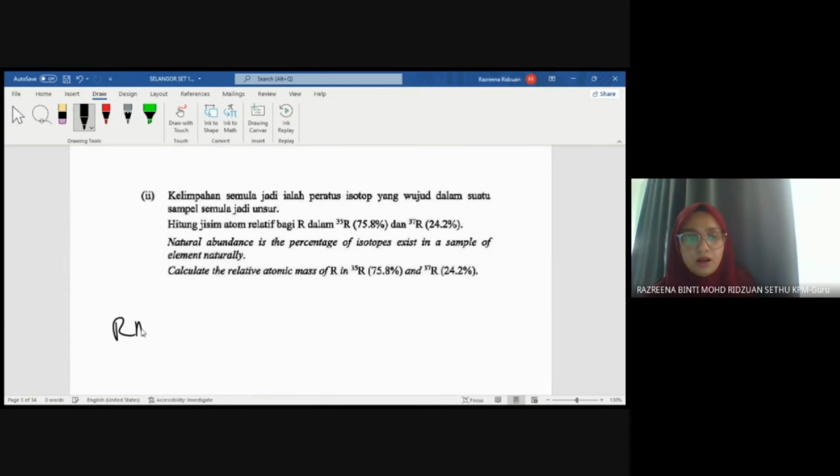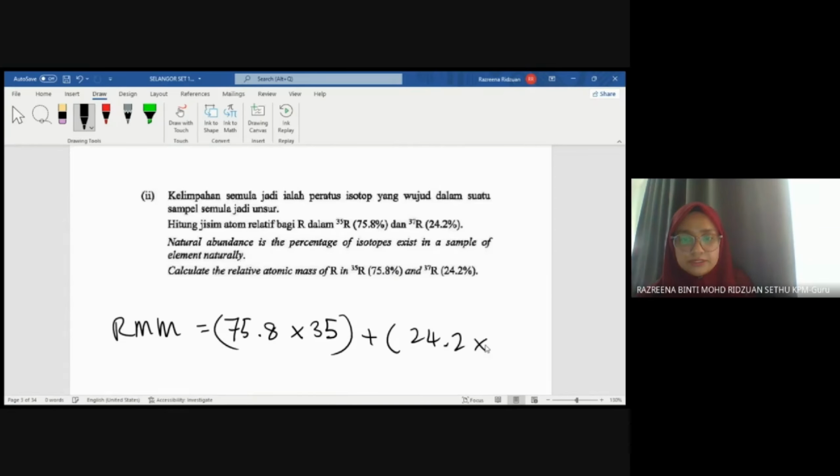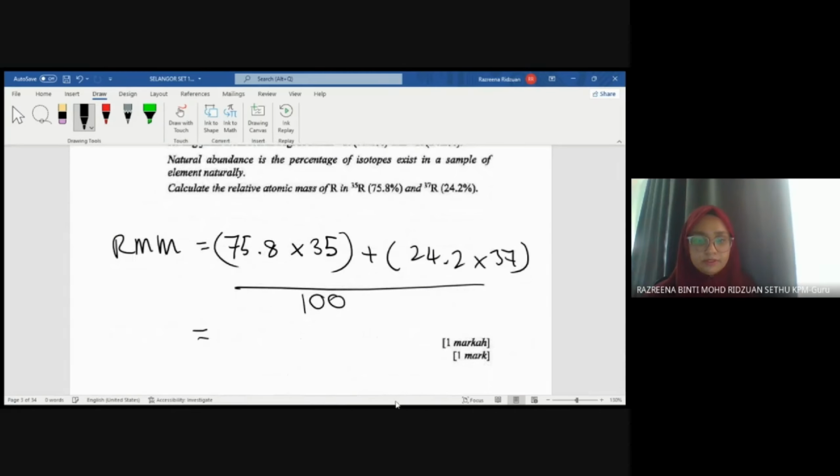You can do RMM is equal to 75.8 times 35 plus 24.2 times 37, divided by 100. And your answer is 35.48.